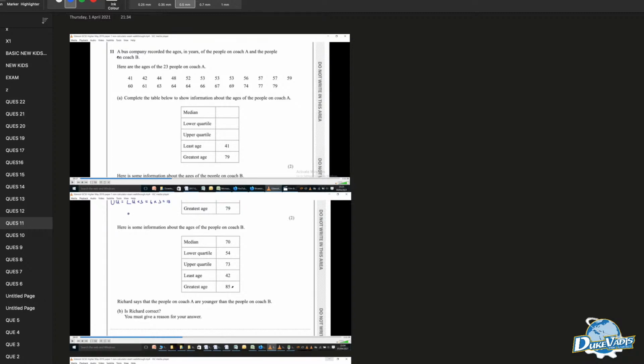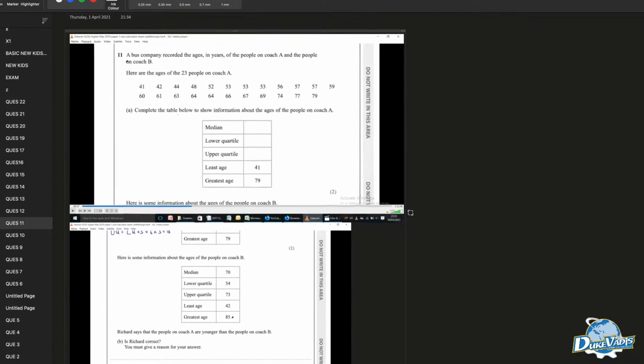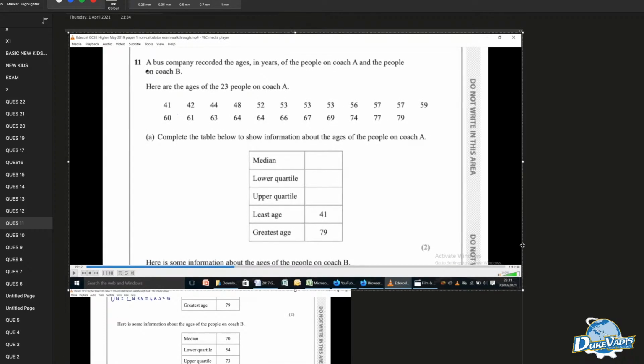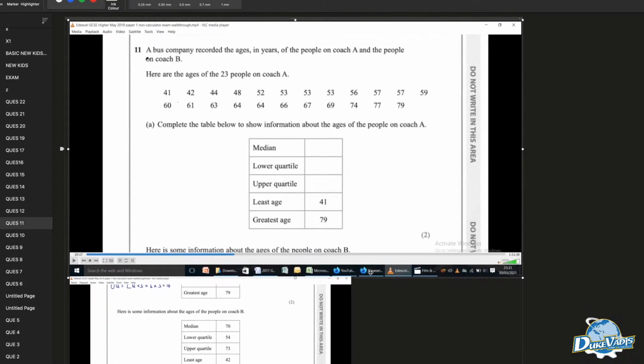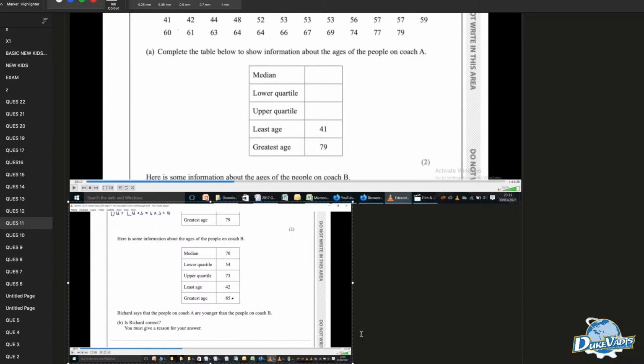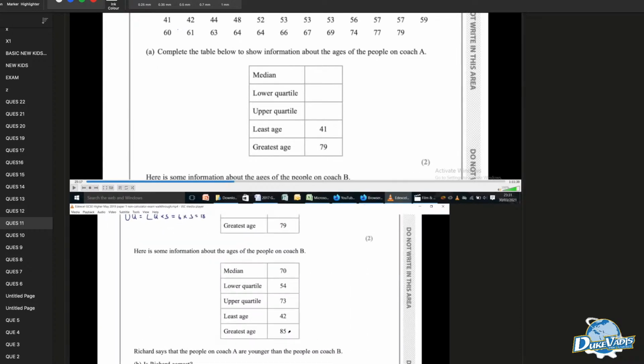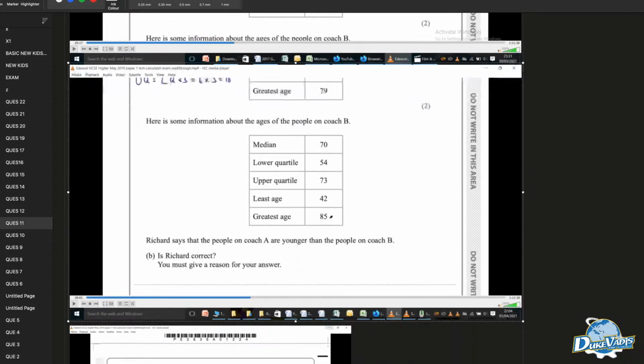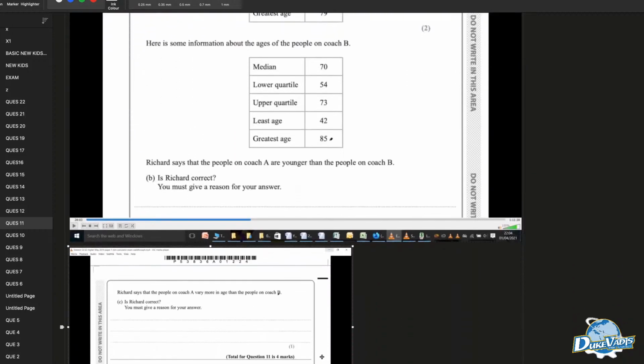This is too small again. Let me zoom it out so that we all can see. Let me zoom this one as well so that we don't struggle. This one will come here, and this one comes here.